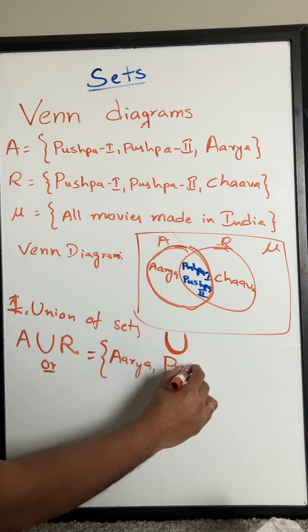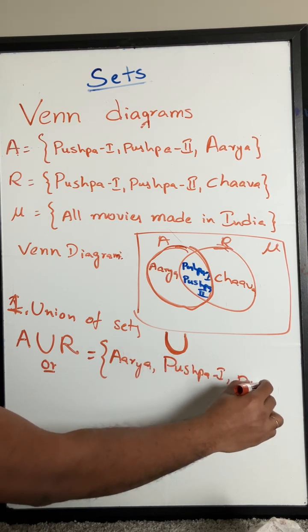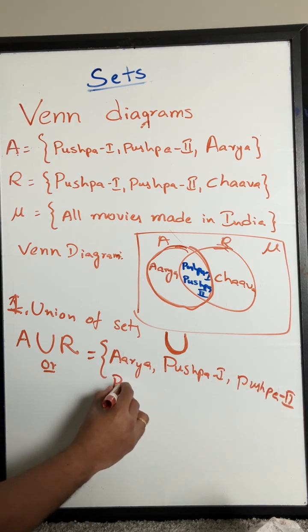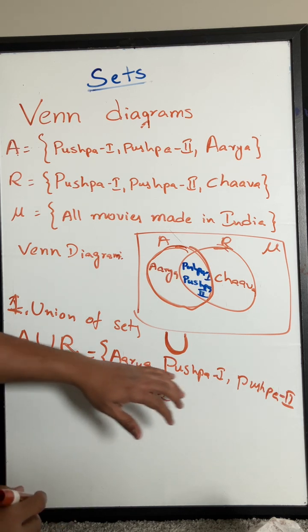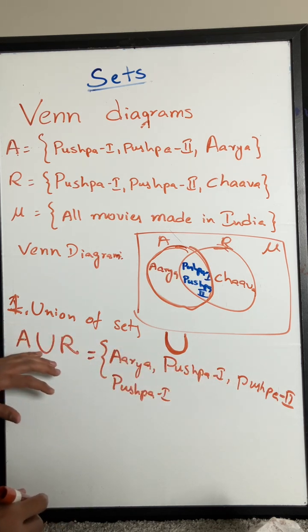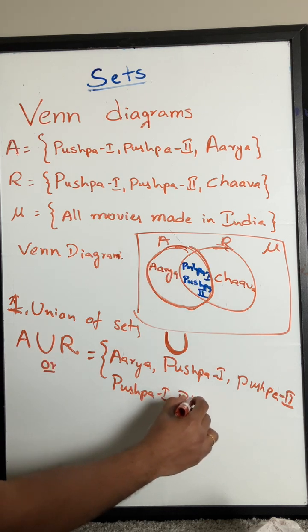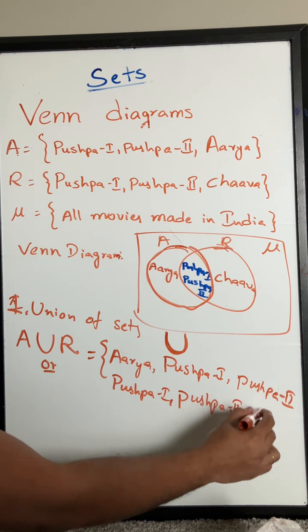So Pushpa 1, Pushpa 2, then Pushpa 1. Now these are Allu Arjun movies. Since I am joining with the Rashmika movies also, I have to join both, Pushpa 2 and Chava.